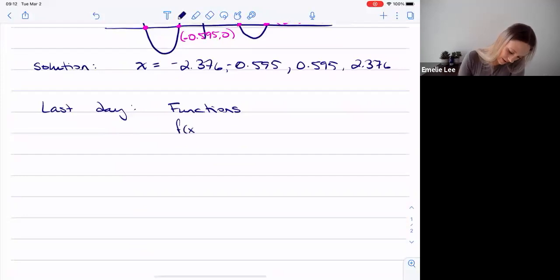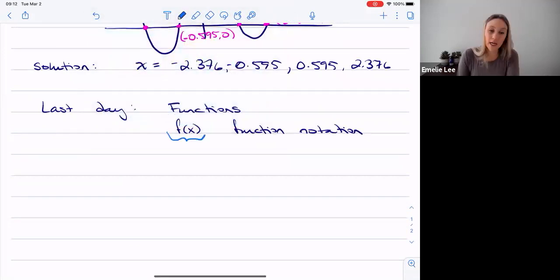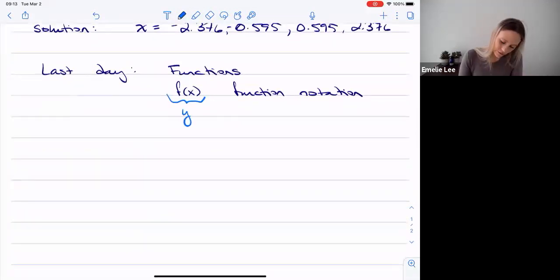So f of x is function notation, and I want to highlight it again. Whenever you see f of x, you can really just read it as y. It's some output. So we've already seen functions, we just haven't called them functions. Read it as y.